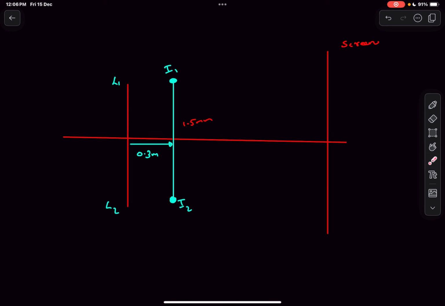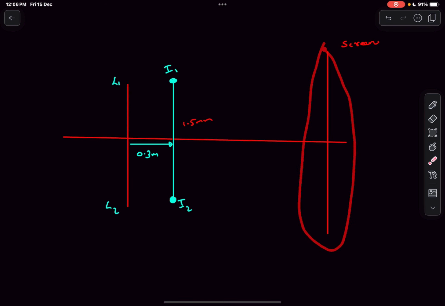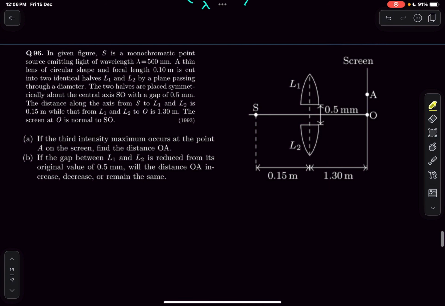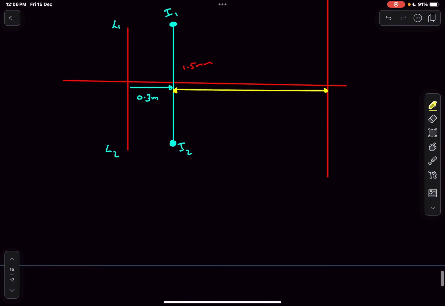Now these individual images, that is I1 and I2, will act as independent sources emitting light, as a result of which we'll observe an interference pattern on the screen over here. The distance between the lens and the screen was 1.3 meters, which means the distance from the images to the screen is going to be 1 meter.